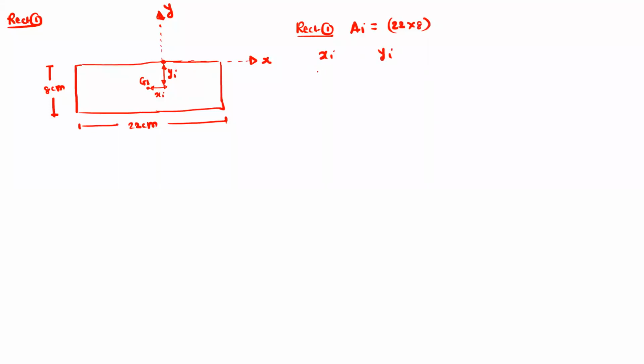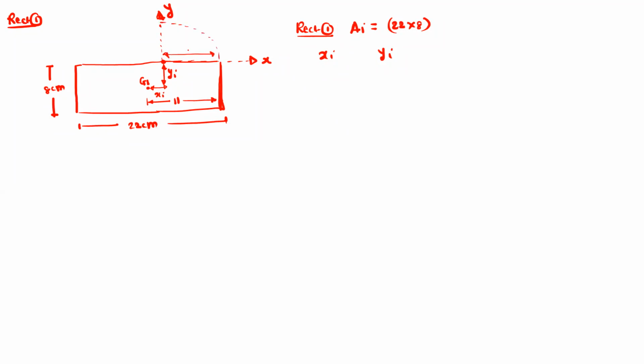And the X coordinate and the Y coordinate. So how can we find out the Xi value? This total is 22 centimeter. So with respect to this side, the location of center of gravity distance will be 11 centimeter. So this is 11 centimeter and this side is given. This is the radius of that quarter circle. So you have the quarter circle here.